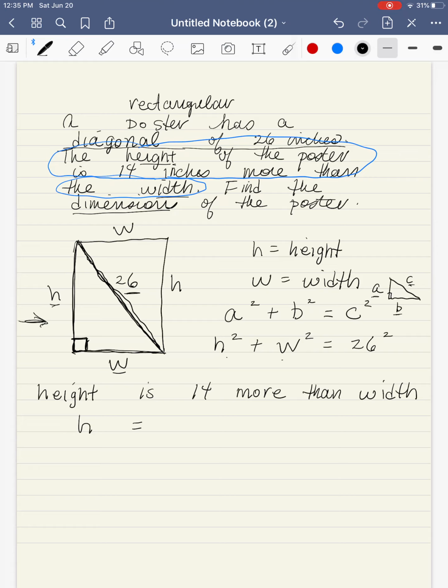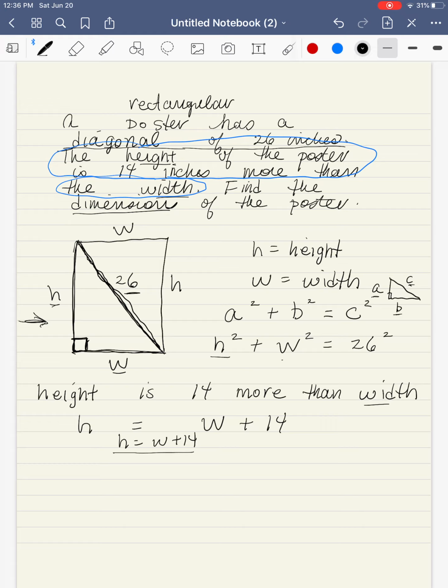So we know the height is h. We know is equals 14 more than, and I need to be careful here because 14 more than is not 14 plus. 14 more than is actually plus 14. And what it's 14 more than is the width, w. So that gives me the equation h equals w plus 14.